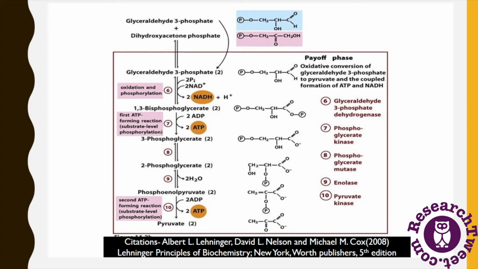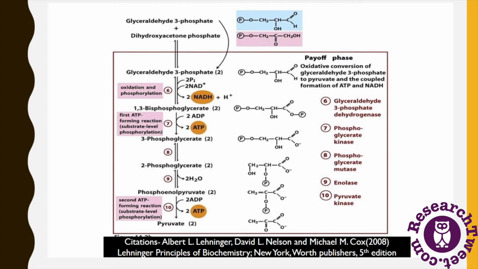So in the first step of this phase, glyceraldehyde 3-phosphate is phosphorylated into 1,3-bisphosphoglycerate with the help of glyceraldehyde 3-phosphate dehydrogenase.